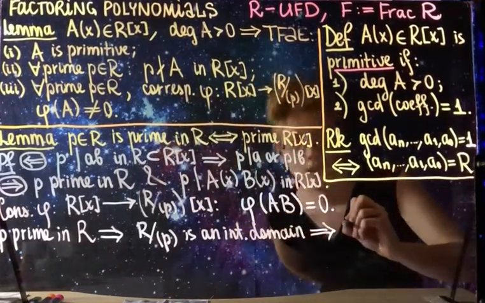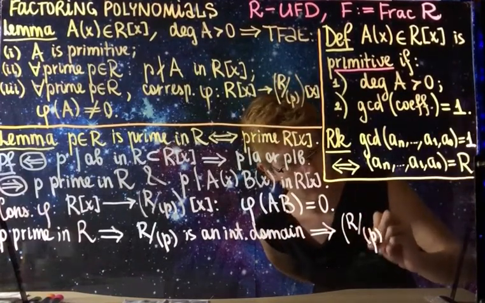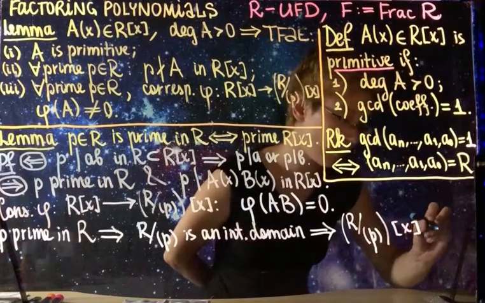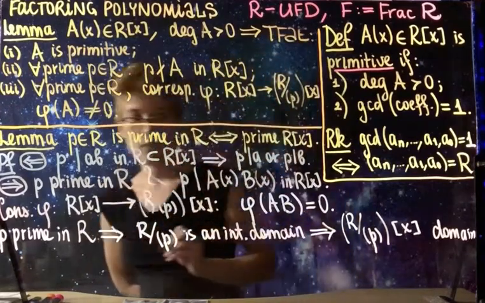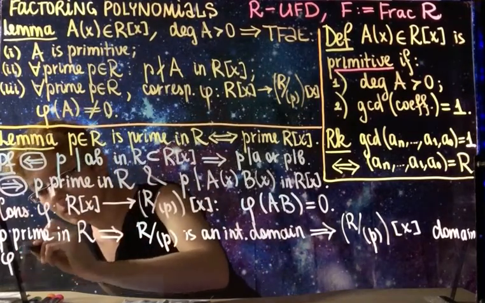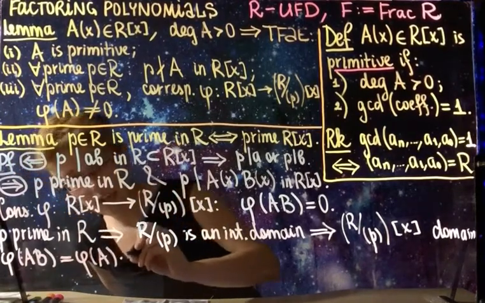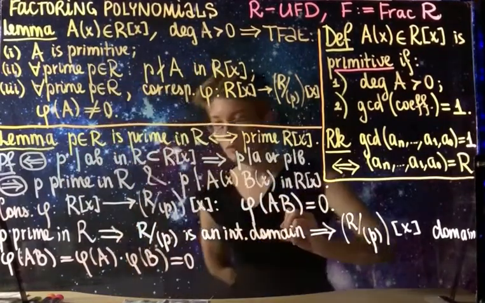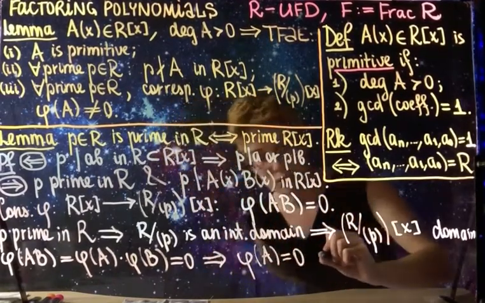And I proved or reproved last lecture that when we consider the ring of polynomials over an integral domain, we get another domain. But in this domain, we have a product of two elements, phi of A times phi of B, and it is equal to 0. And therefore, one of them is equal to 0.